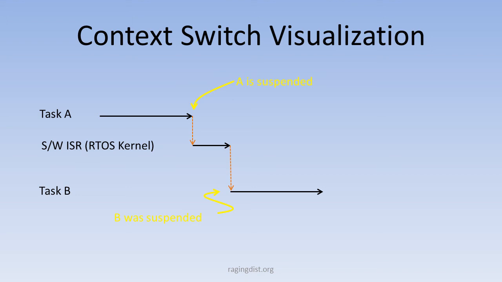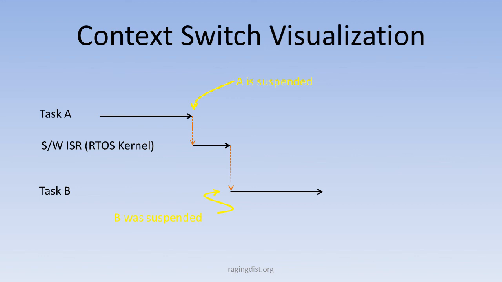Actually, when task B was suspended before it got switched to by the ISR, and when the ISR tells task B to resume, it will restore its context.